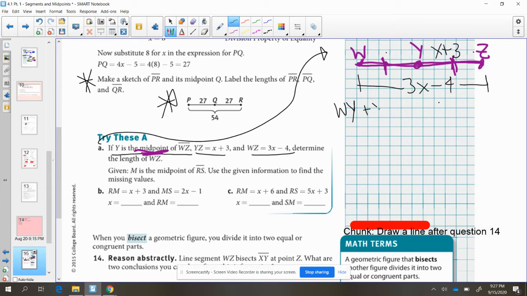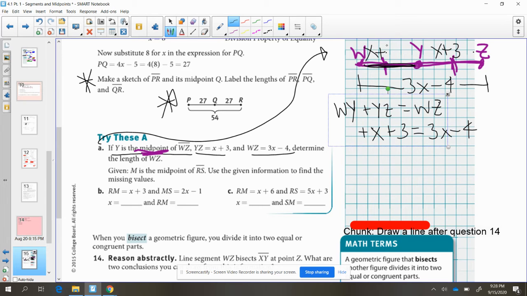Small segment plus small segment equals the bigger segment. The problem here is we are given that YZ is x plus 3, and we're given WZ is 3x minus 4, but we don't have given to us what WY is, okay? What do you think it could be?